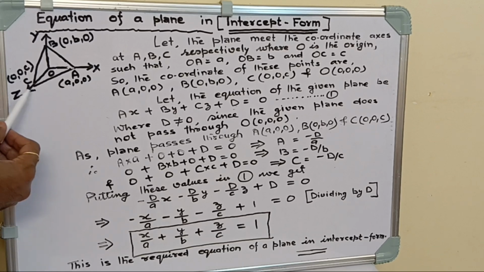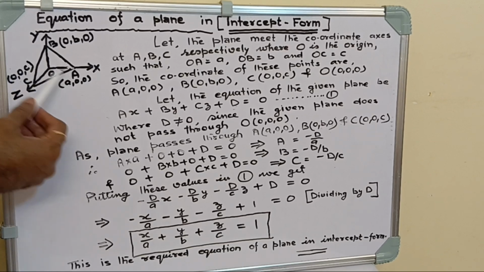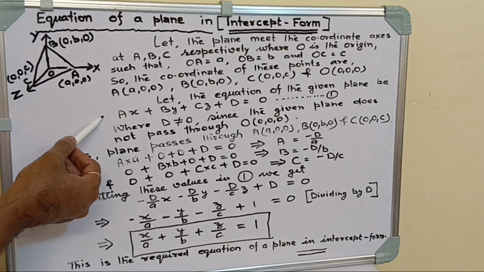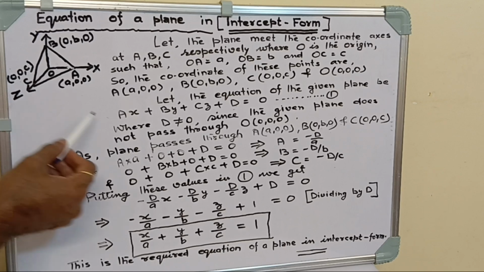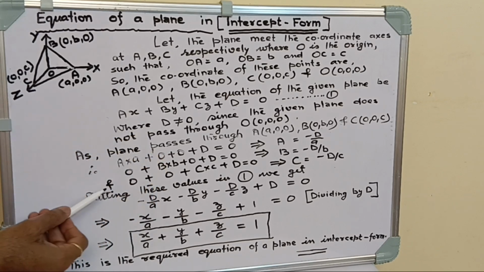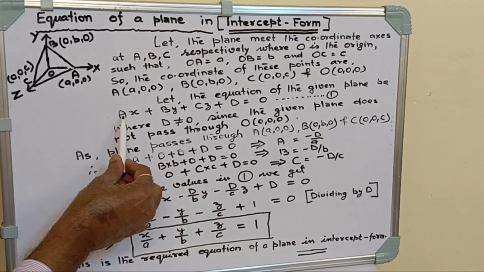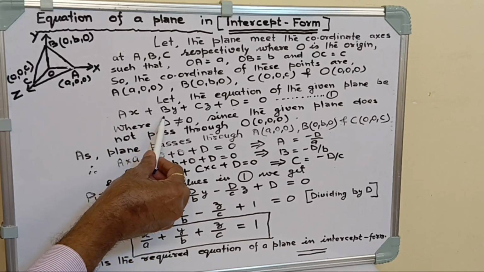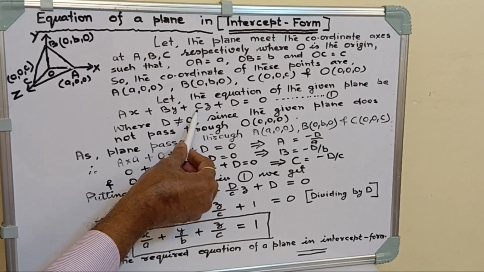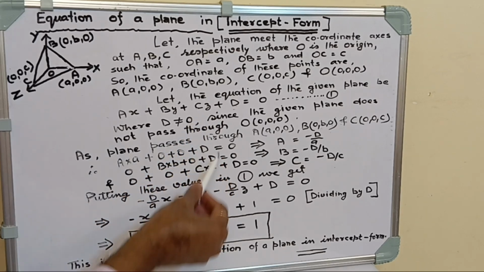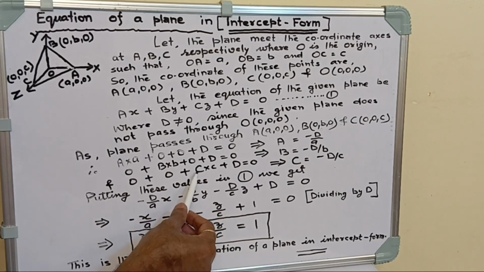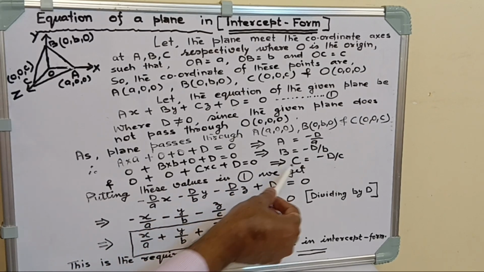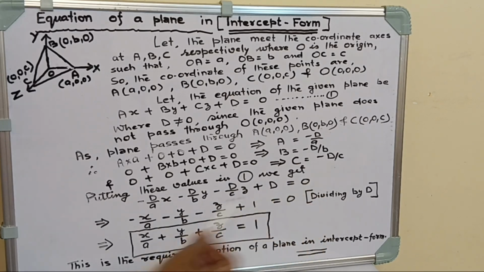The coordinate of point C (0, 0, c) satisfies the equation of the plane, equation 1. So putting x is equal to 0, y is equal to 0, and z is equal to c in equation 1, we get a into 0 plus b into 0 plus c into c plus d is equal to 0. So c is equal to minus d by c.